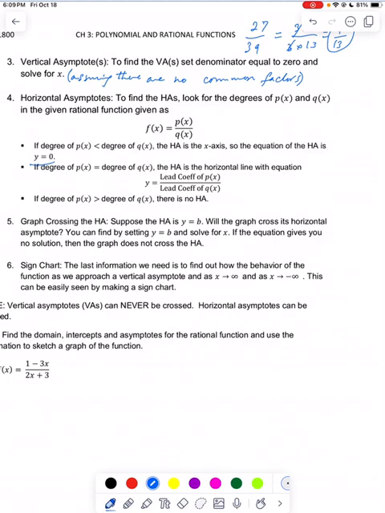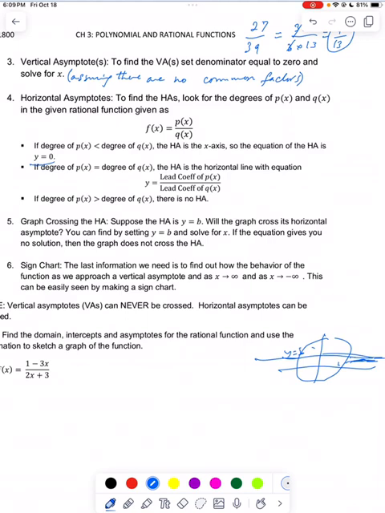Yes, it never crosses the horizontal asymptote when it's far away over here. If this is the HA, so y equals b, let's say, the function will not cross the horizontal asymptote when you are far away to the right or far away to the left. But in between, in the middle, it might cross.